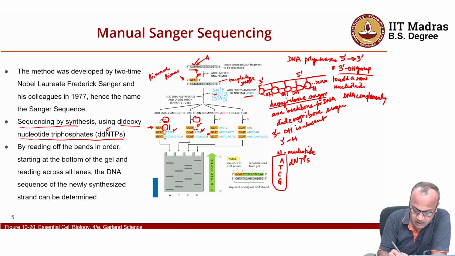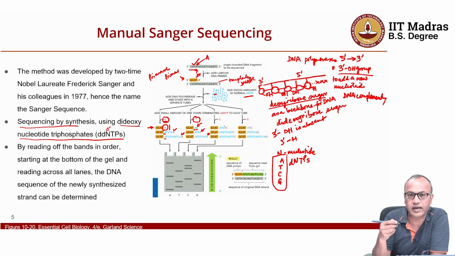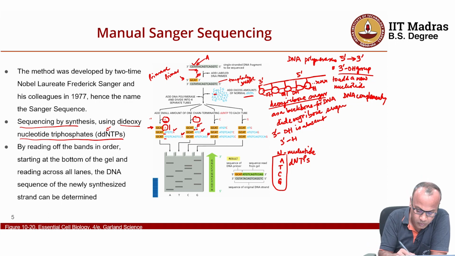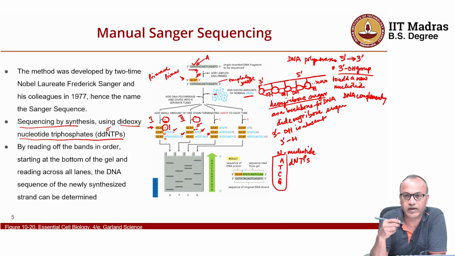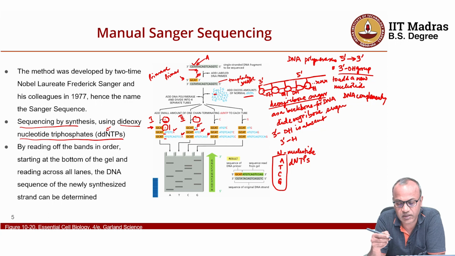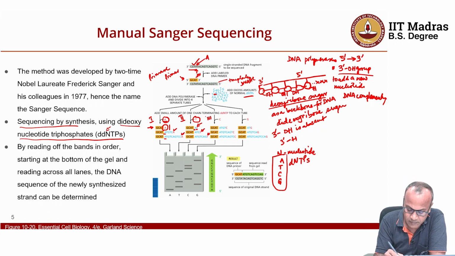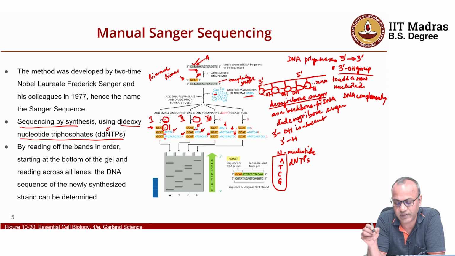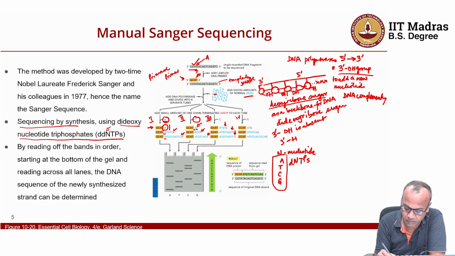In this case, A can get randomly inserted anywhere, right? So wherever there is an A, there is a low probability that a ddATP will get inserted in tube number 1. In tube number 2, there is a low probability that wherever T has to be inserted, ddTTP will be inserted. Similarly, in 3, wherever C was to be added randomly, the ddCTP will get inserted, and here would be ddGTP.